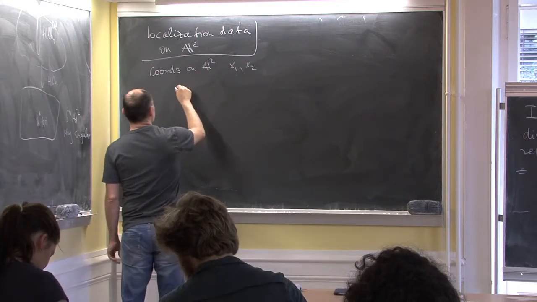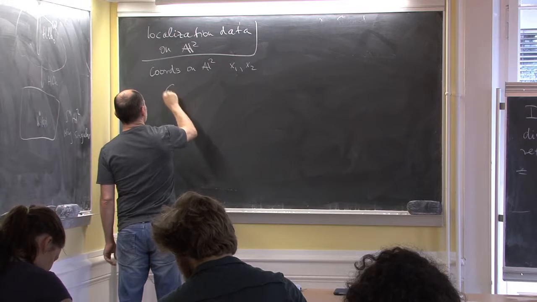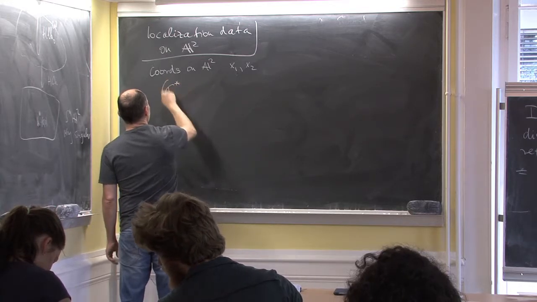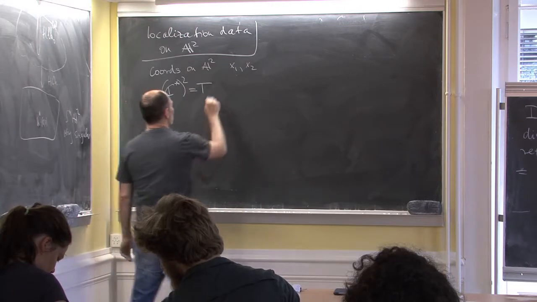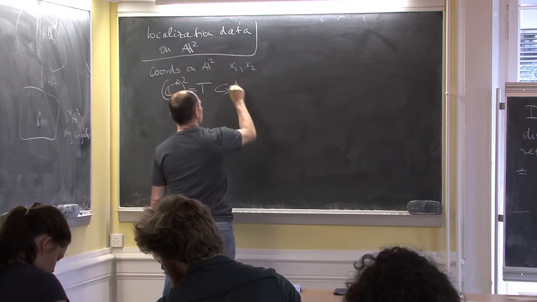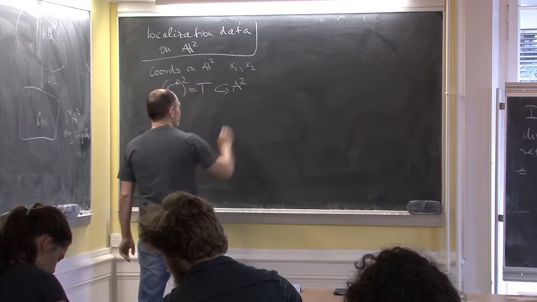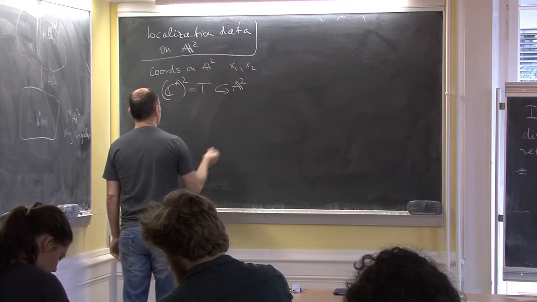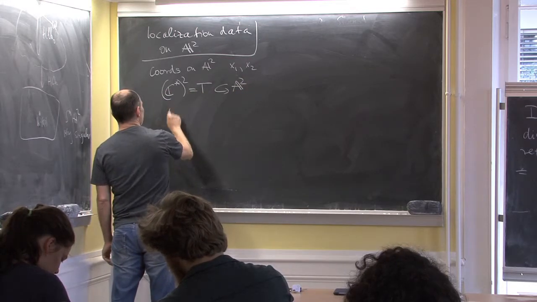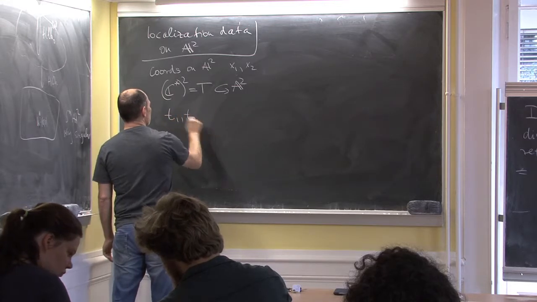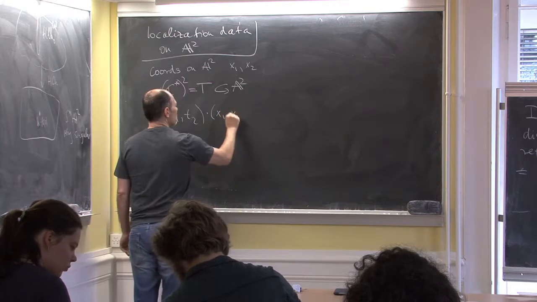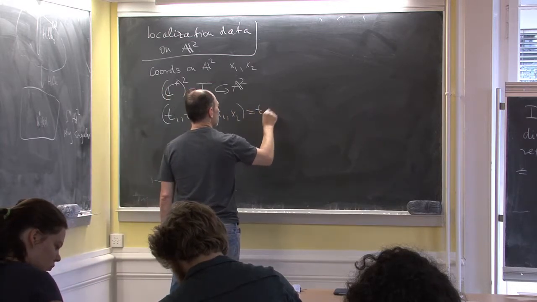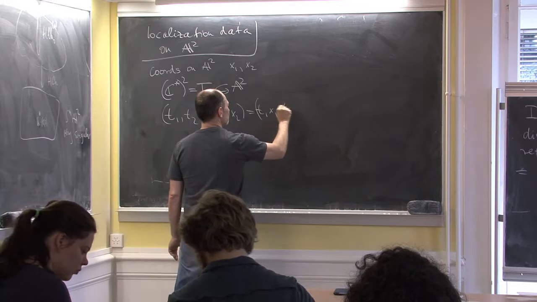There's obviously a torus action, a C star squared, which as usual I'll denote by T, acting on A2. This is just the obvious thing. So T1, T2 acting on a pair x1, x2 is just going to be T1 x1, T2 x2.